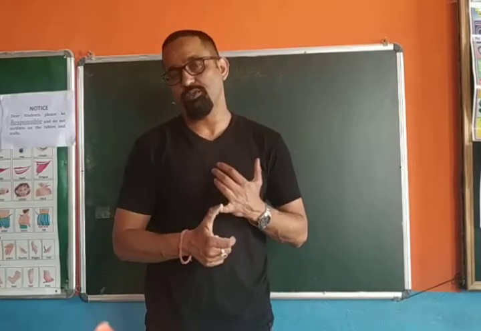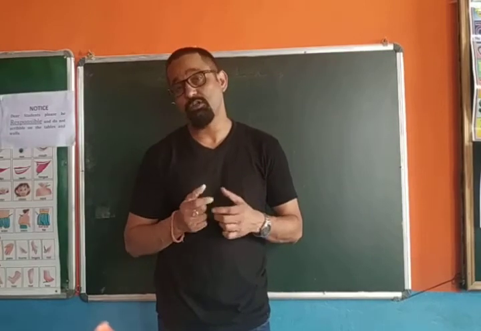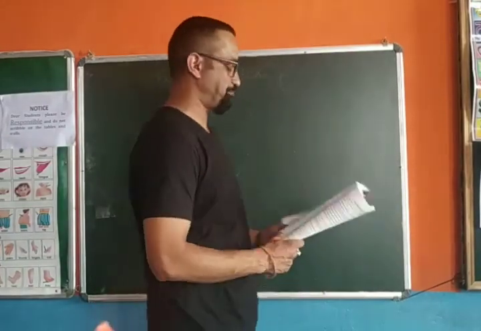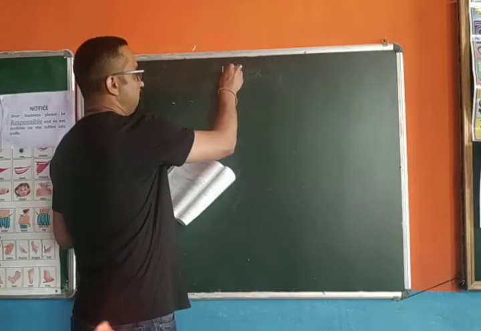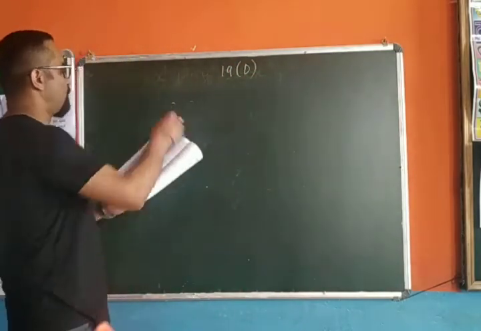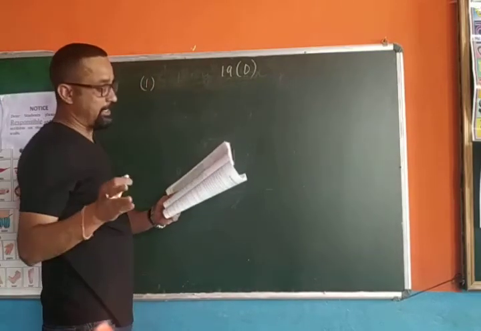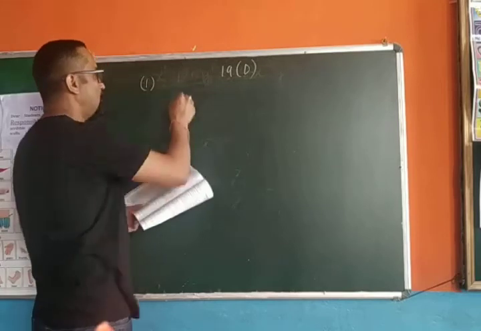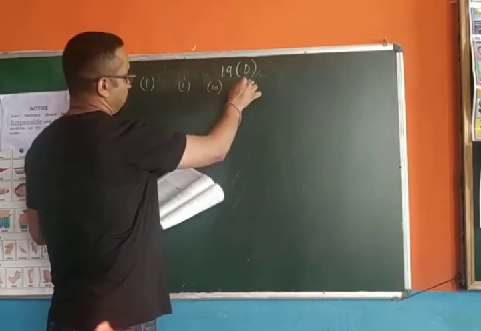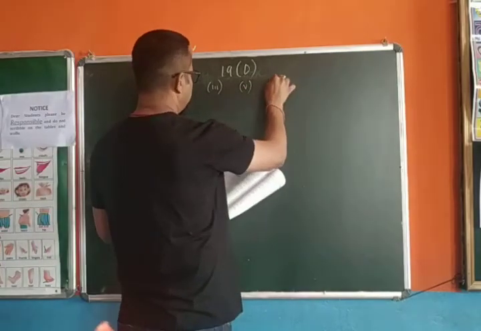Division of monomial by monomial, division of polynomial by monomial, and it is exercise 19D. It's not difficult. You try question number 1. There are 8 sums. You don't have to do all. 1, 3, 5, and do number 7.